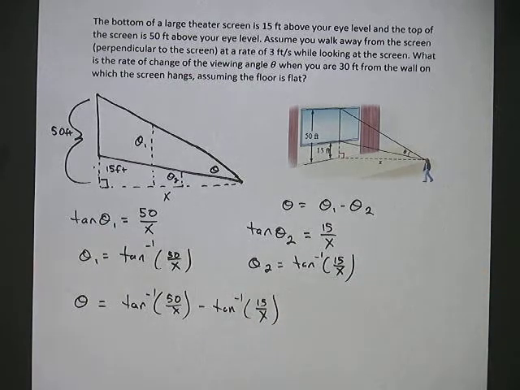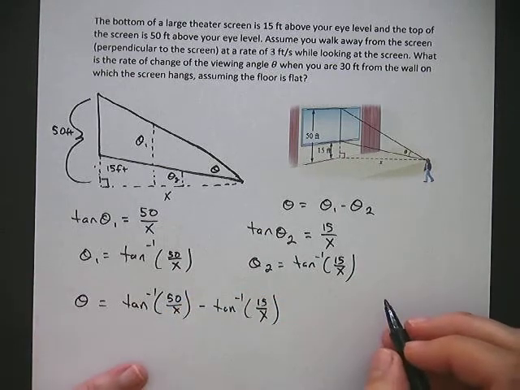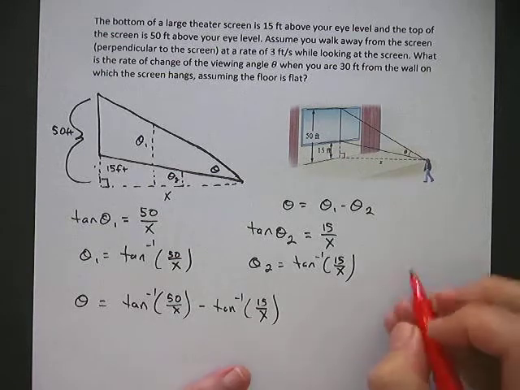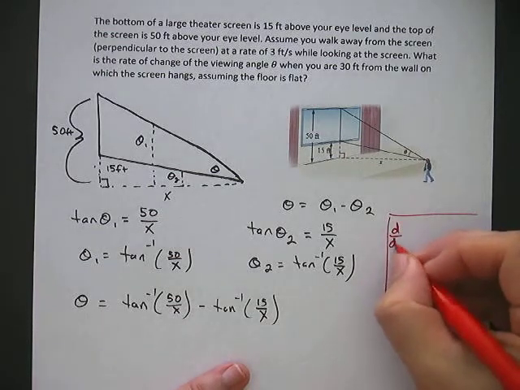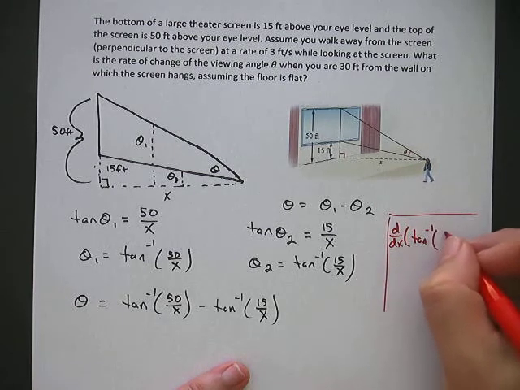Okay, we're dealing with related rates, so I'm going to have to take the derivative of this, of both of these inverse tangent functions. Over here to the side, I will write, in a different color, the formula for taking the derivative of an inverse tangent function. d over dx of tangent inverse of a over x.